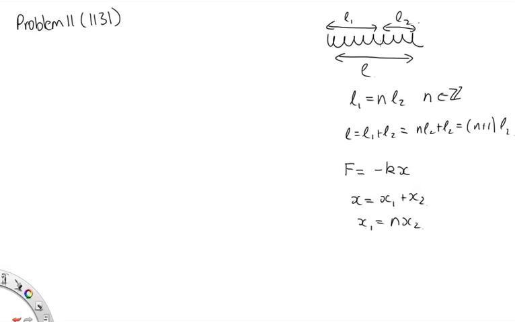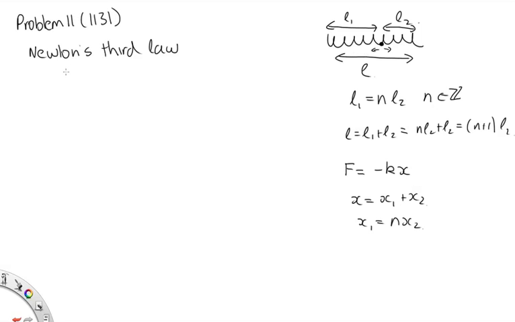Okay, now let's consider a little point here where we're going to cut this spring. At this point, spring 1 will be applying a force on spring 2 when it's stretched, pulling it back this way, and spring 2 will be applying a force on spring 1 back this way. So we know from Newton's third law that for every action there's an opposite and equal reaction.